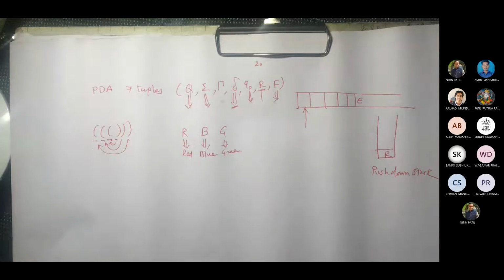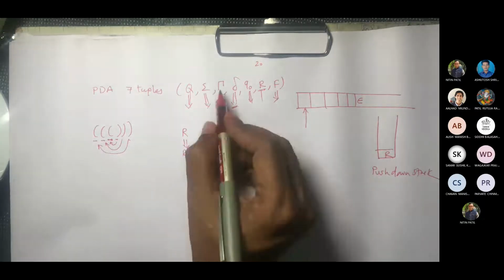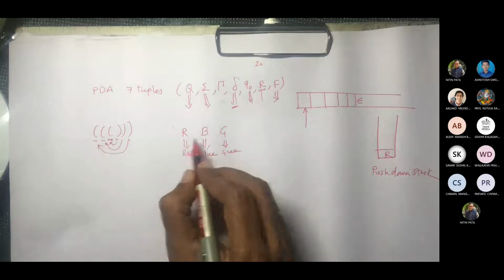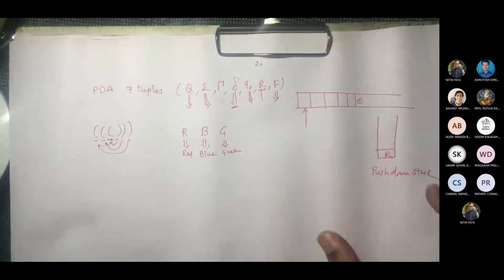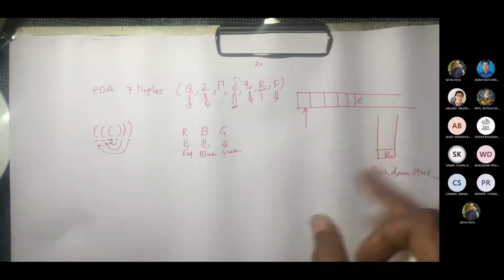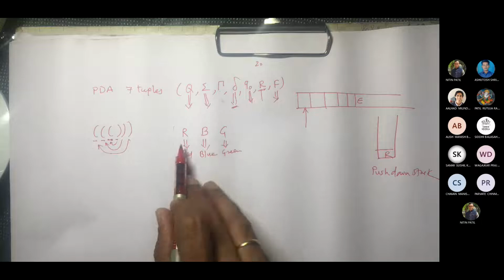We define 3 operations, and there would be a push operation. So delta would be defined like this. This gamma would contain this R, B, G or RGB, whatever. There might be other color plates too, depending upon the requirement. This is a generalized thing that I'm saying, that there would be color plates.